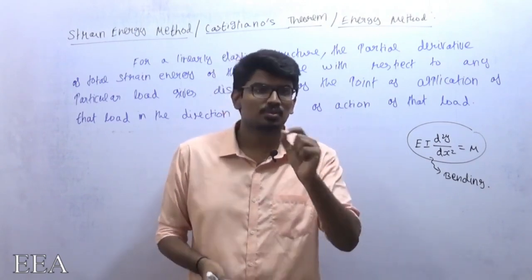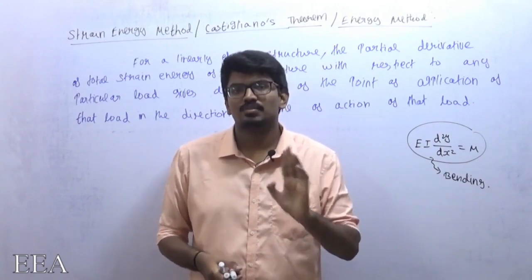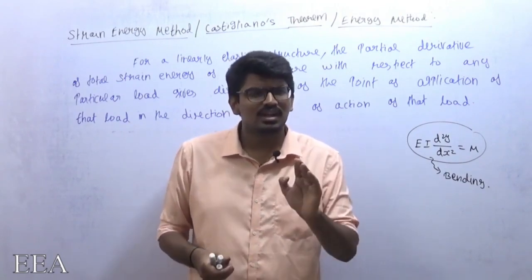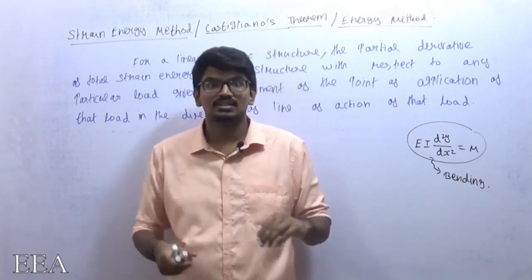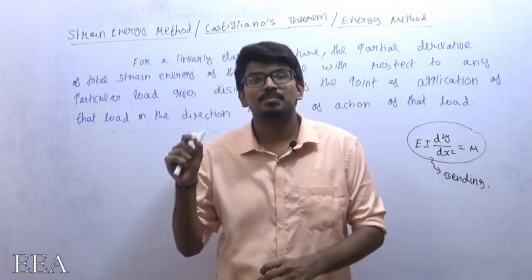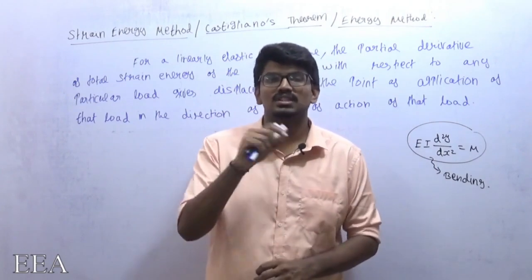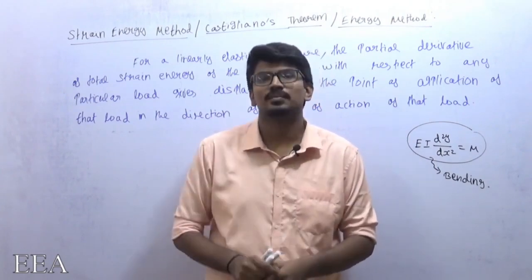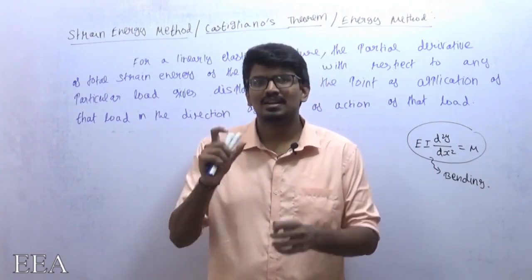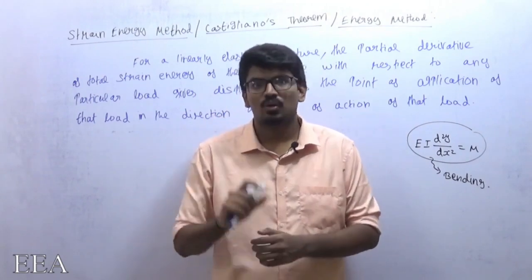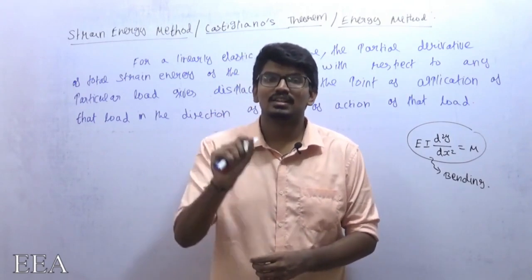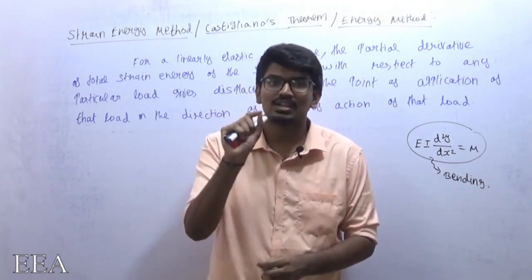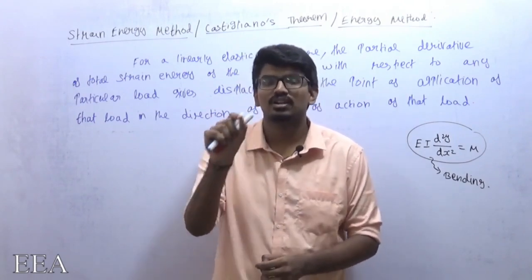First point to note. Second point: is it only for pure axial loading? No. The strain energy method can be applied for combined loading also, such as torsion, bending, everything. But the key point to note specifically in strain energy is that it is the only method we are studying which can be applied for finding deflection under axial loading.